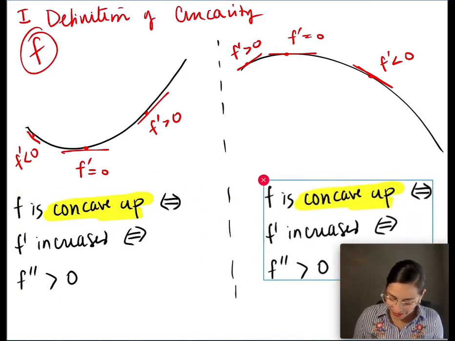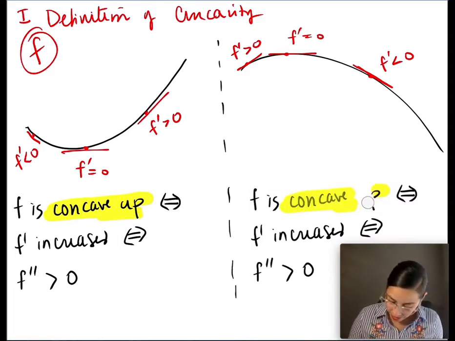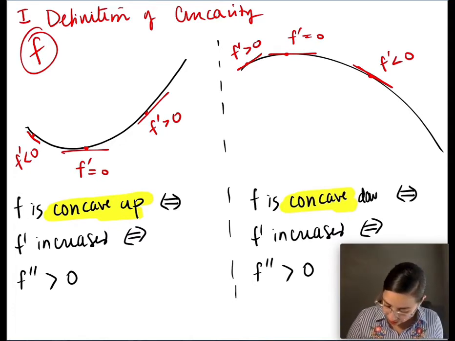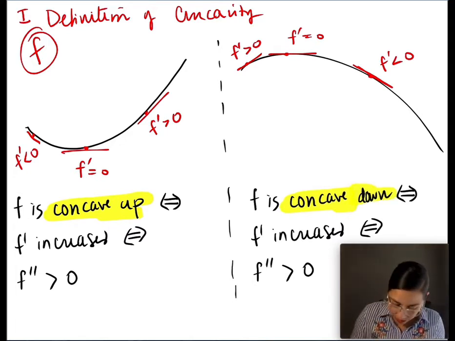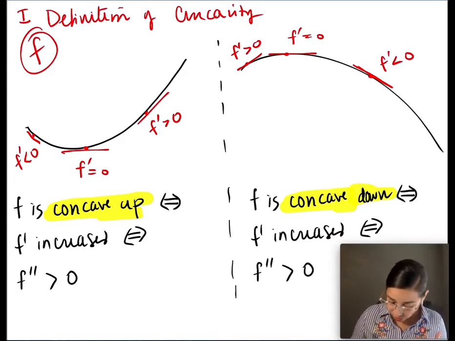So now I know that if it's not concave up, but concave down, and I look at what's happening to the derivative, I see that the derivative is decreasing.